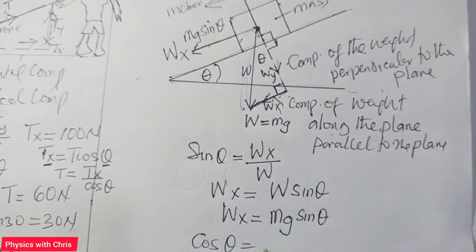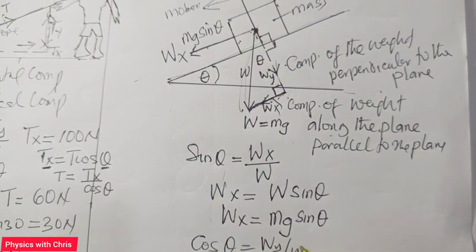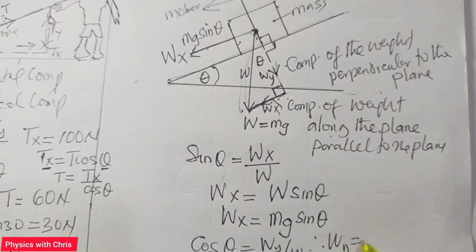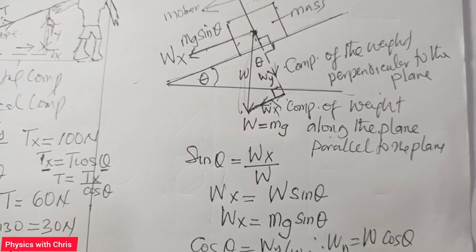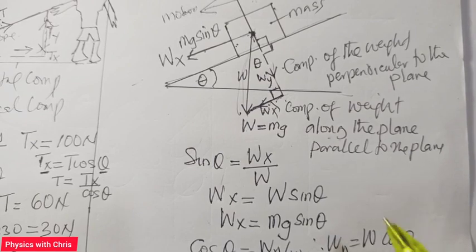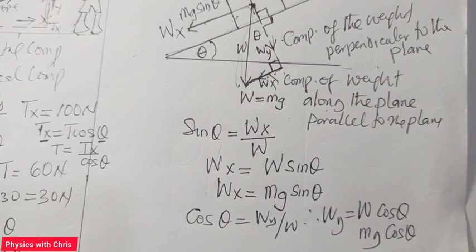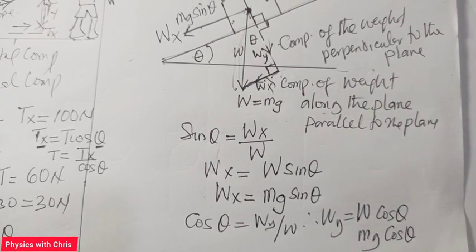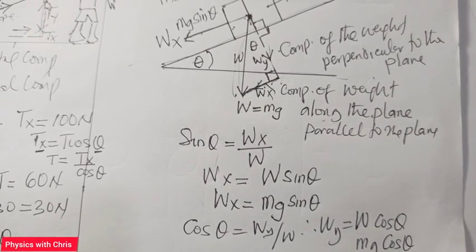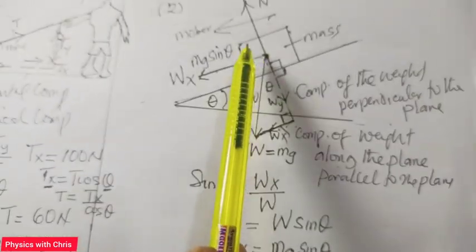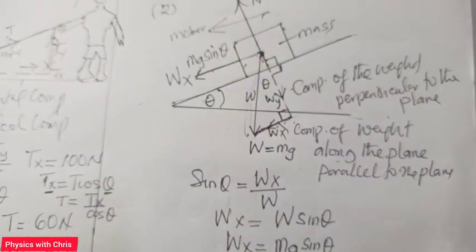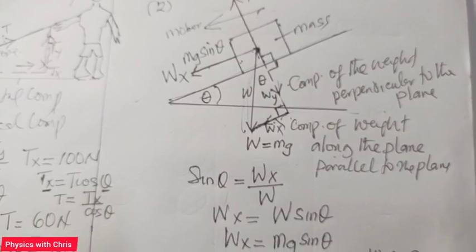That's the component acting in that direction, divided by the weight. That gives you Wy equals W cos theta, which is mg, the weight of the body, multiplied by cos theta. Now, this component, mg cos theta, is not unbalanced. It is balanced by the normal reaction that acts at right angles to the surface of the plane.